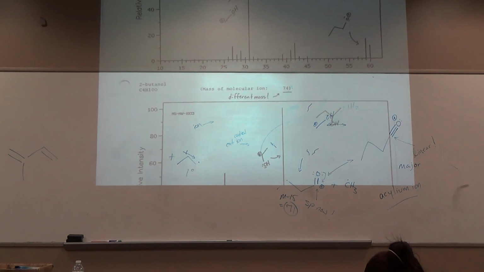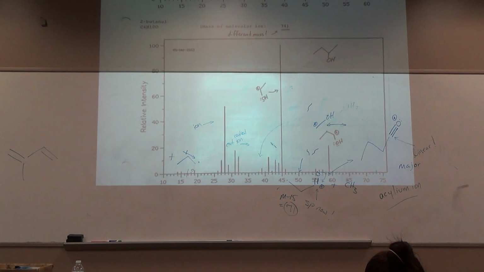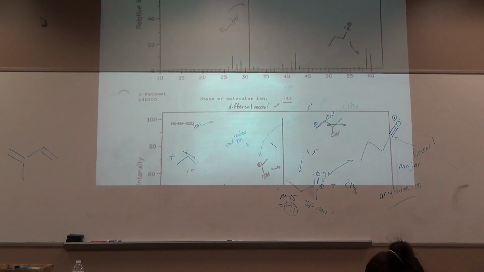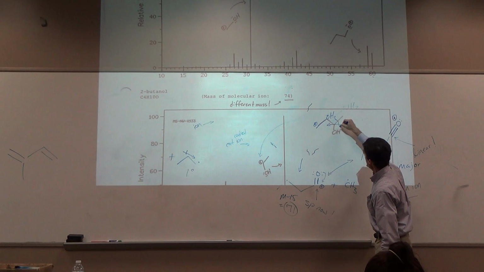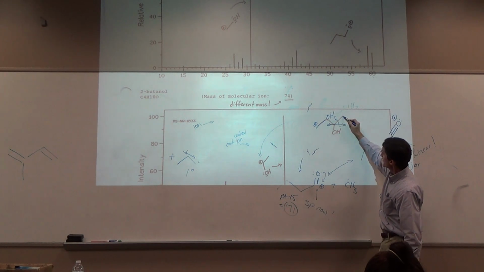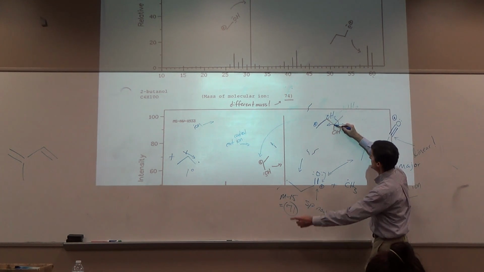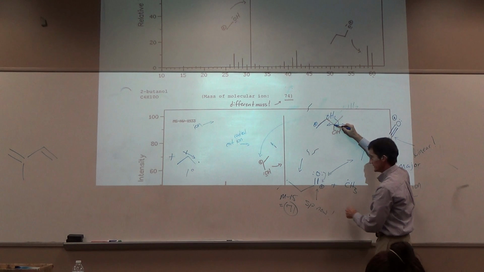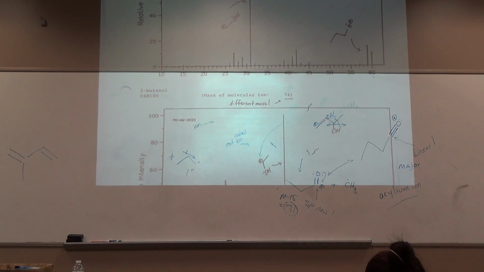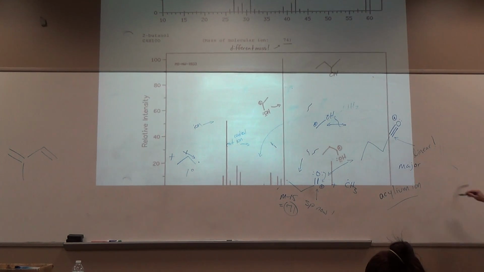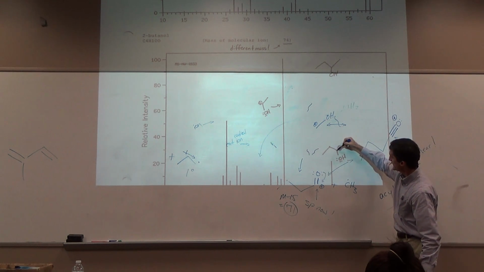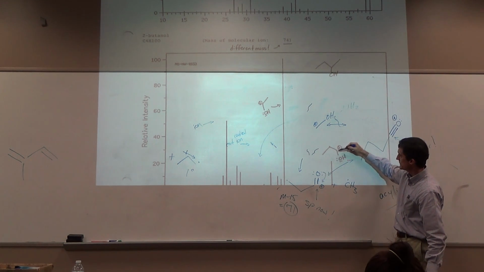Now the one below, the other alcohol. If you cleave here, you put the cation here, radical there. You cleave over there, to put the cation next to a lone pair.